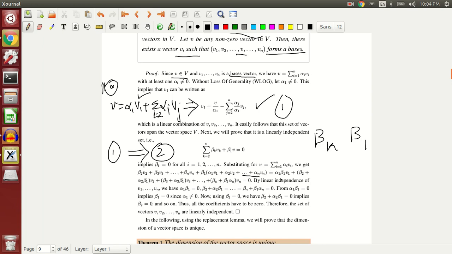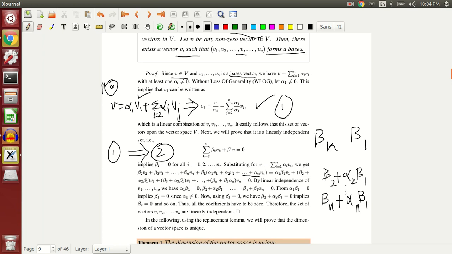So when you fill that in, when we segregate based on vector v1, vector v2, vector v3, you get a nice form in terms of beta 2 plus alpha 2 beta 1, like this, beta n plus alpha n beta 1. There are numerous terms in between.